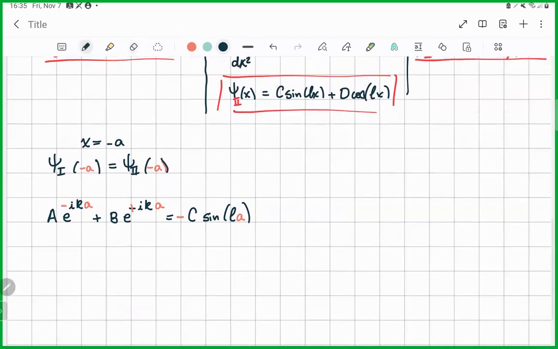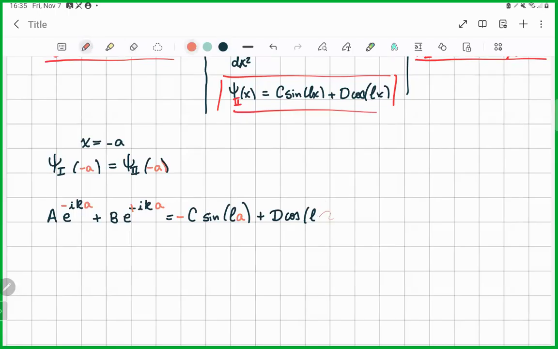Then we go for the cosine, so plus d cosine of L times minus A. Well, cosine of minus theta is equal to cosine of theta, so we don't need that minus sign.